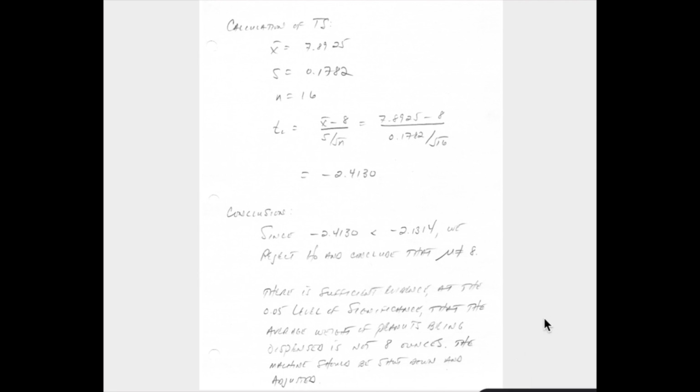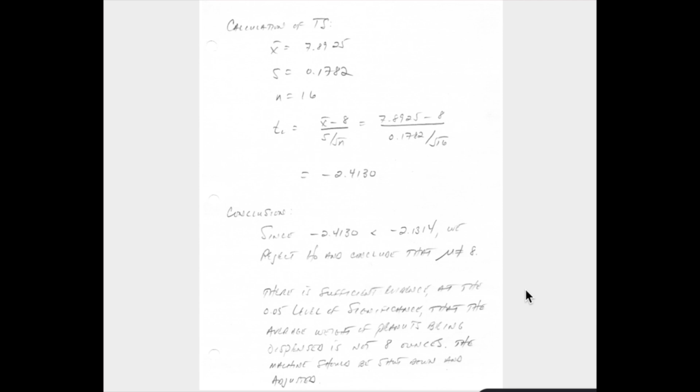To translate this conclusion back into the language of the problem, we would say that there is sufficient evidence at the 0.05 level of significance to conclude that the average weight of peanuts being dispensed is not equal to 8 ounces. Therefore, the machine should be shut down and adjusted. So when we state our conclusions in the language of the original problem, when we talk about there being a sufficient amount of evidence, we always have to say at what significance level, right?